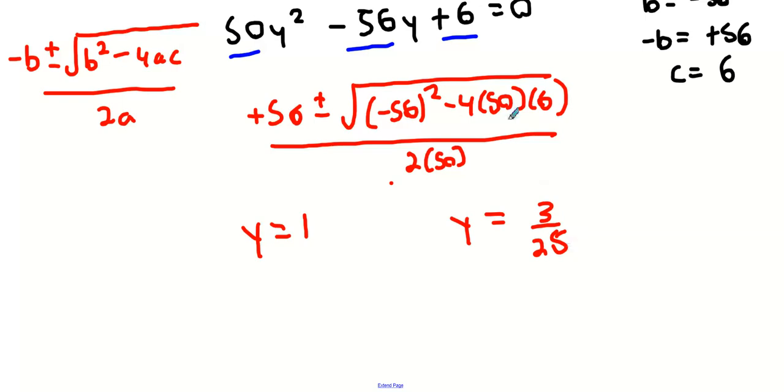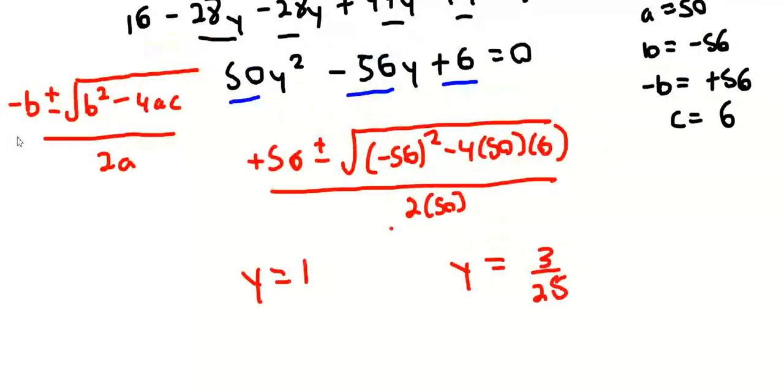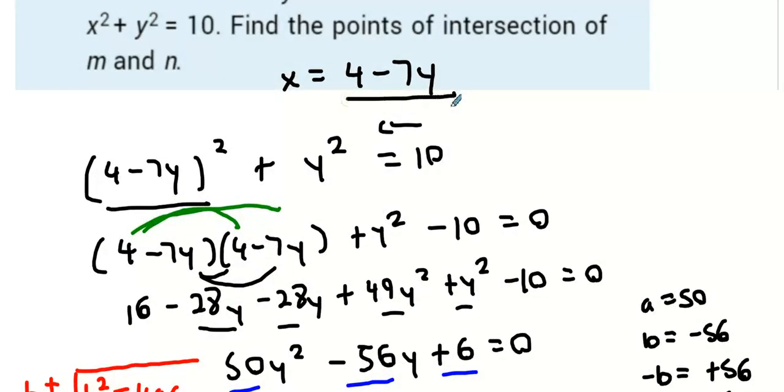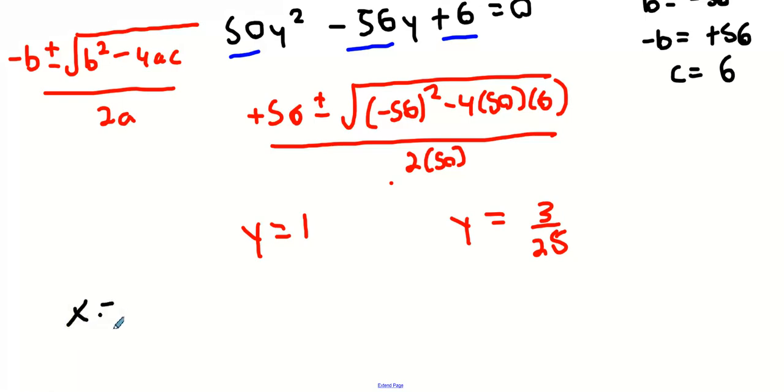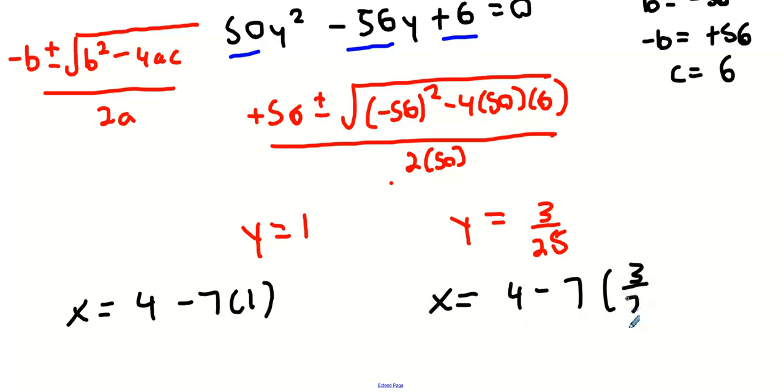Anybody saying why? Yeah, I need to get the x values. And what we said is the x value is 4 take away 7 times the y value. So x equals 4 minus 7 times 1. X equals 4 minus 7 times 3 over 25. Okay, gents? Now, what can we do here?